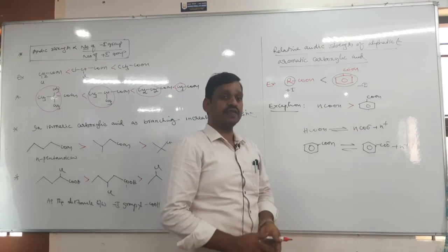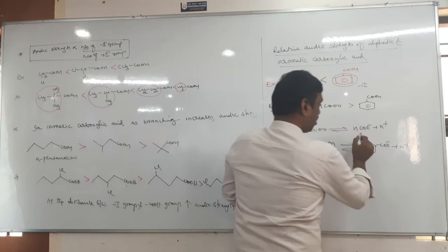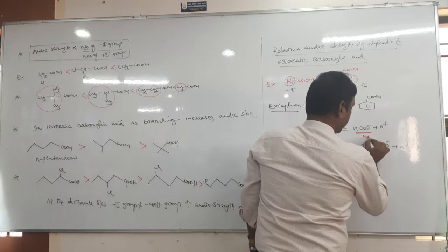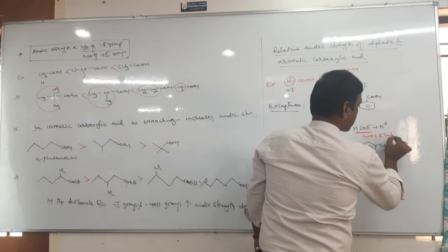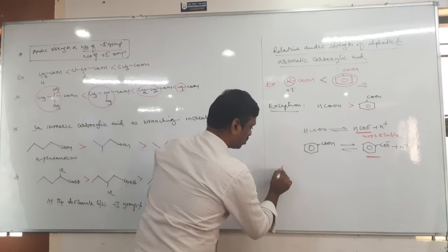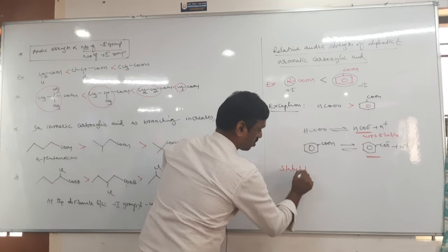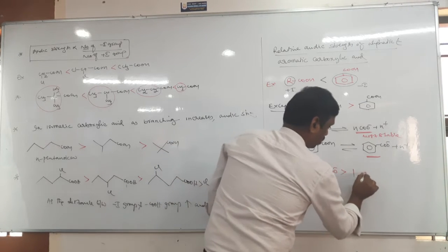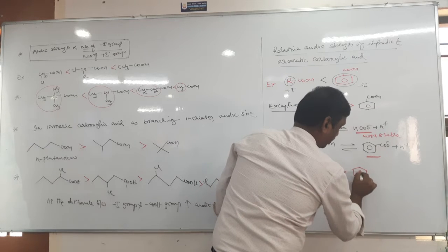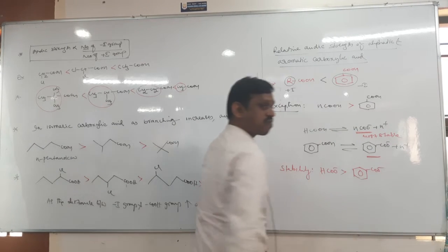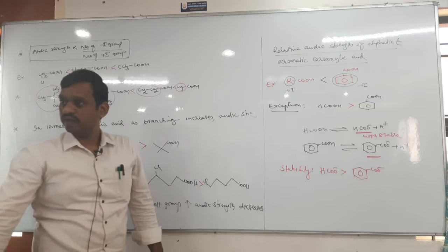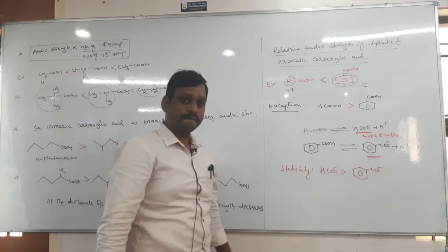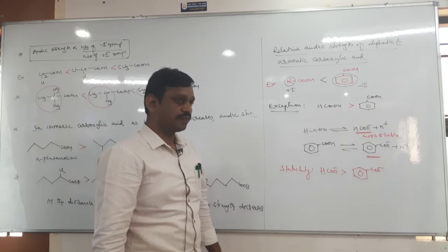compared to benzoate ion. So among formate ion and benzoate ion, this is the most stable, right? So when you see the stability, formate is more stable compared to benzoate, right? So this is the reason formic acid is more acidic than benzoic acid.